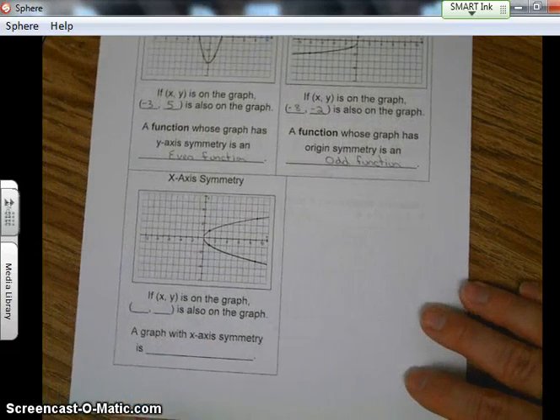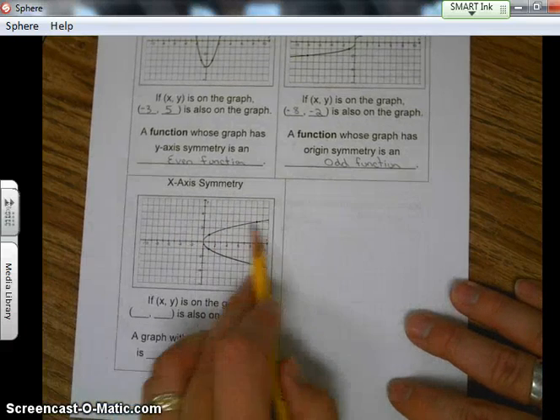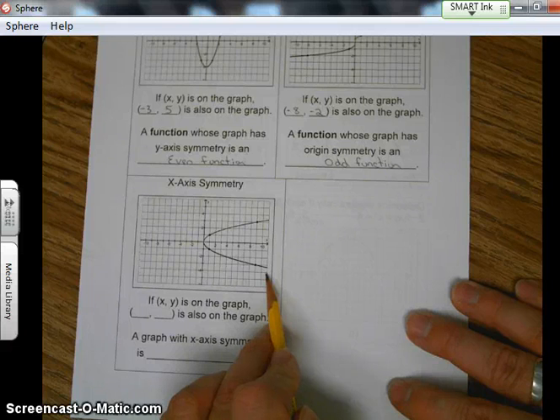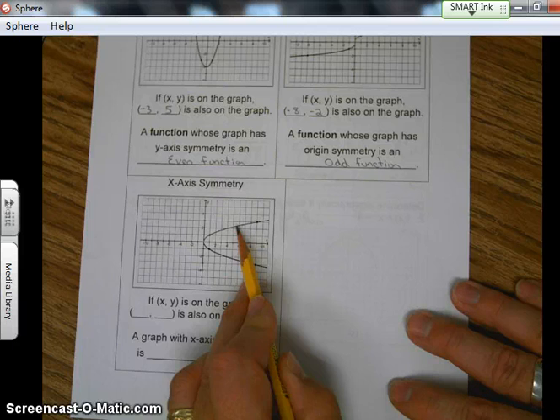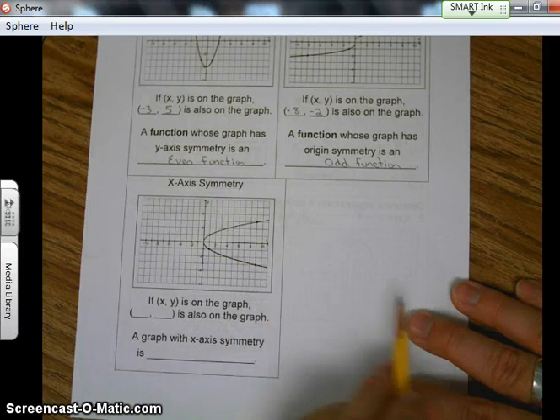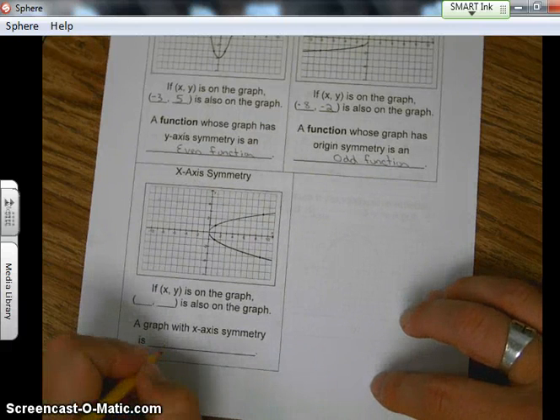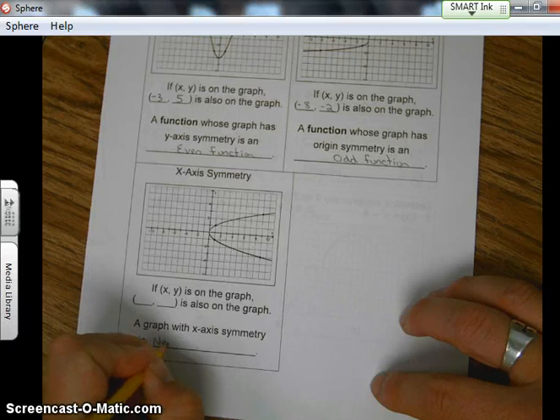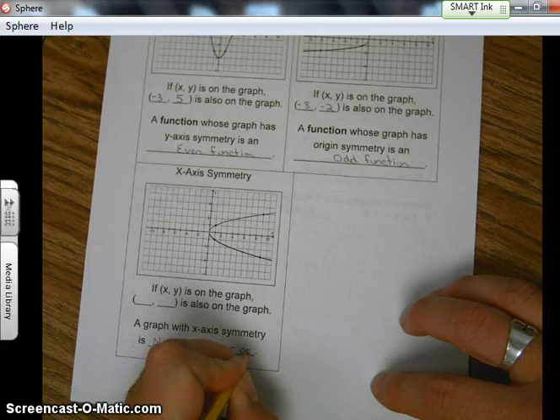Okay, x-axis symmetry. Well, notice right off the bat, we do not have a function. But this portion here is reflected over the x-axis and lands right here. So if you have this symmetry, it's neither even nor odd.